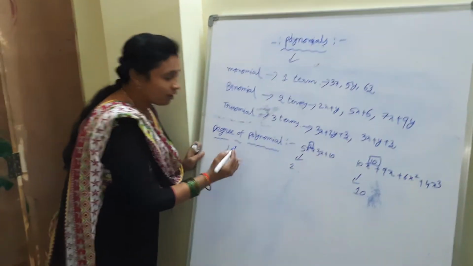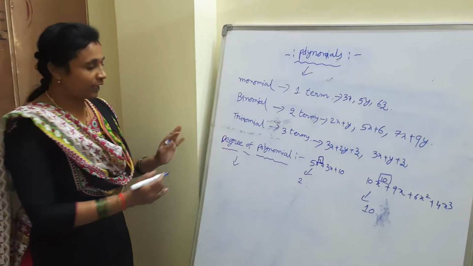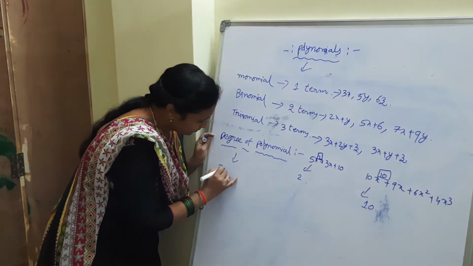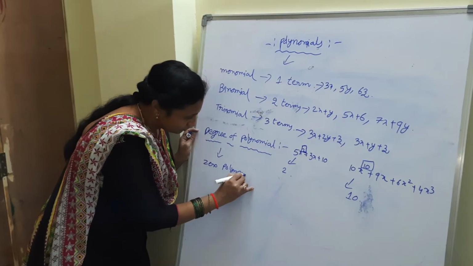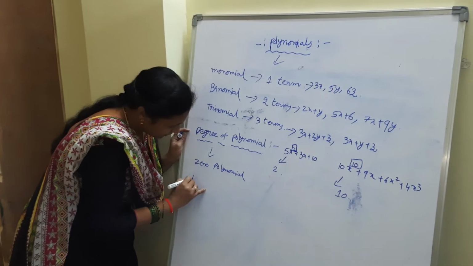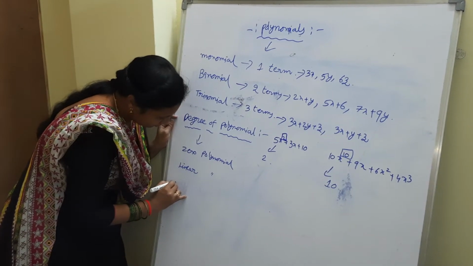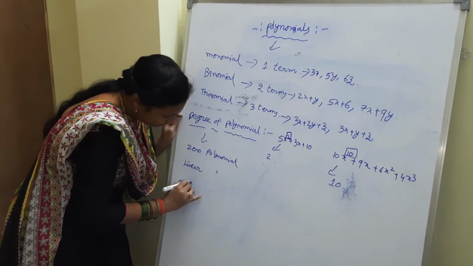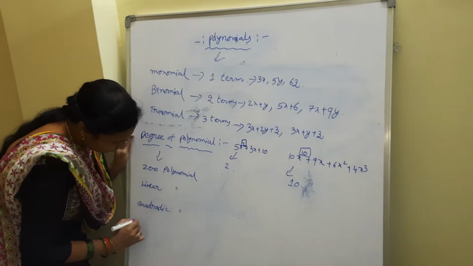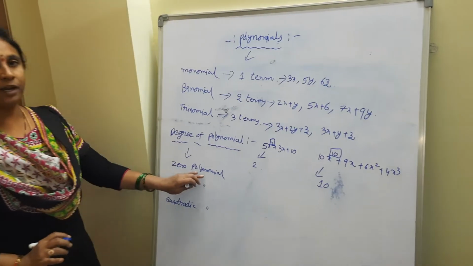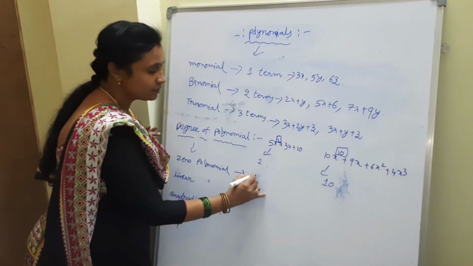Based upon the degree of polynomial, the polynomials are divided into types. That is zero polynomial, linear polynomial, and quadratic polynomial. The zero polynomial is one where the degree of the polynomial is 0.